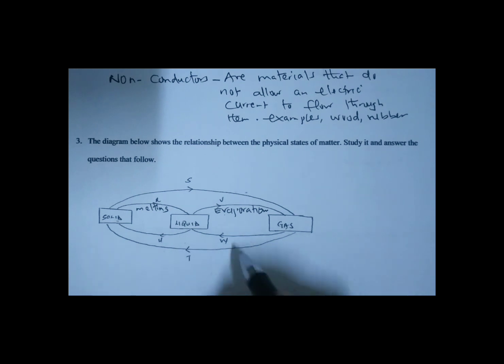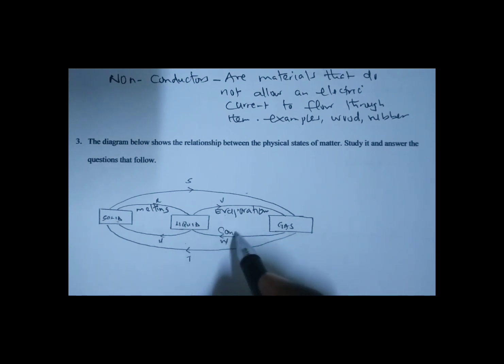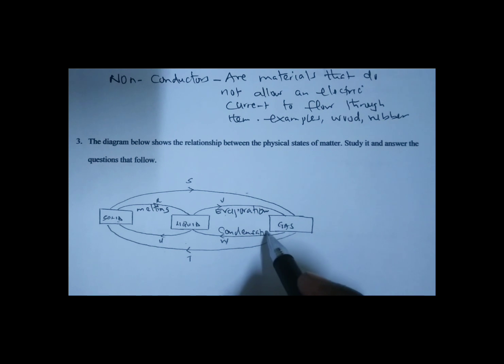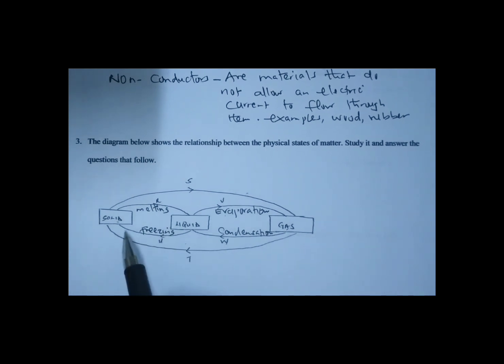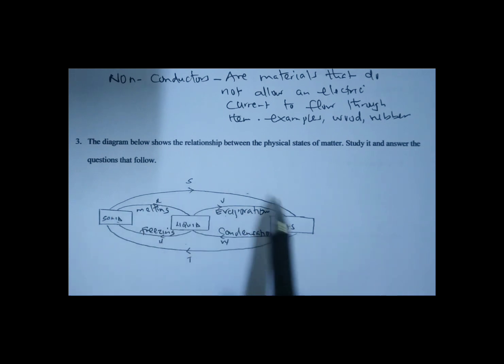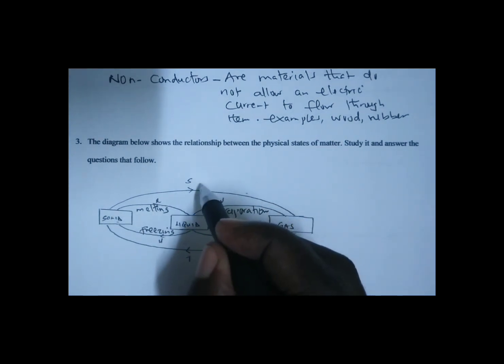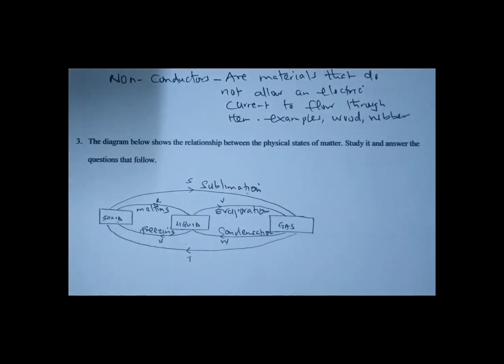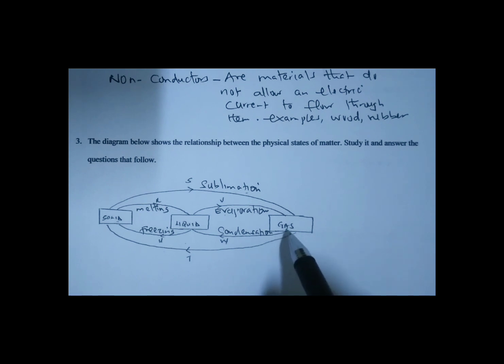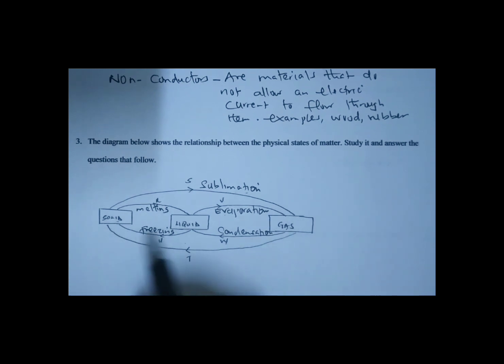Then gas back to liquid, we call it condensation. Then from liquid back to solid, we call it freezing. But we have those substances which, when heated, change directly from solids to gases, and such substances undergo a process known as sublimation. And when such substances are cooled, they change directly without forming a liquid into solid. And since we are forming solids, we call it deposition.